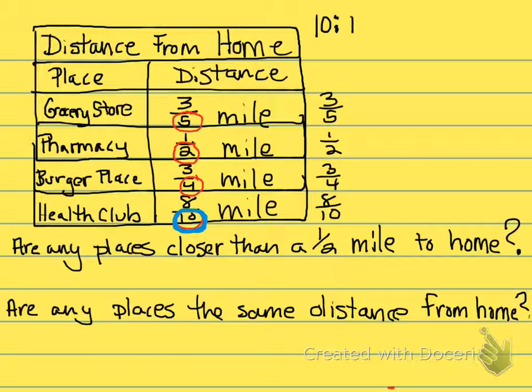So the first multiple of 10 is 10, which 4 is not a multiple of 10. The next multiple of 10 is 20.